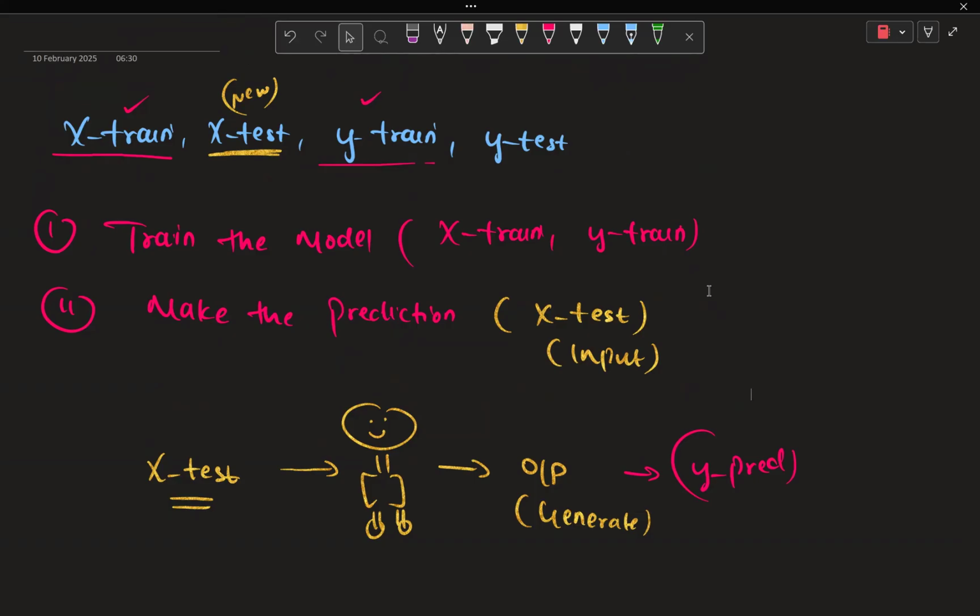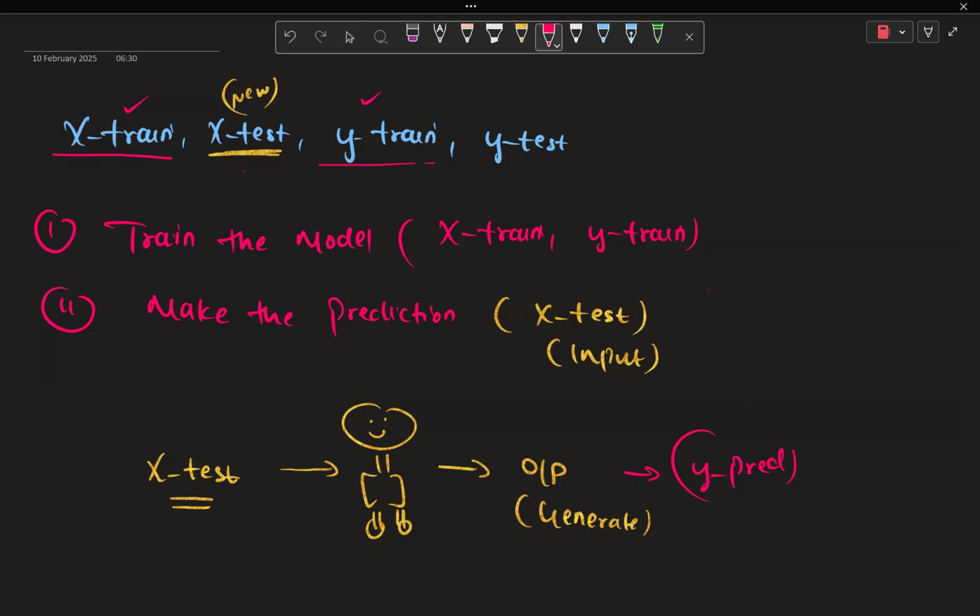So in the testing process, it is not good to pass the same data. We will pass something new, so that we can analyze whether your model is able to behave properly or not. So we will pass something which your model has never seen. Got it?